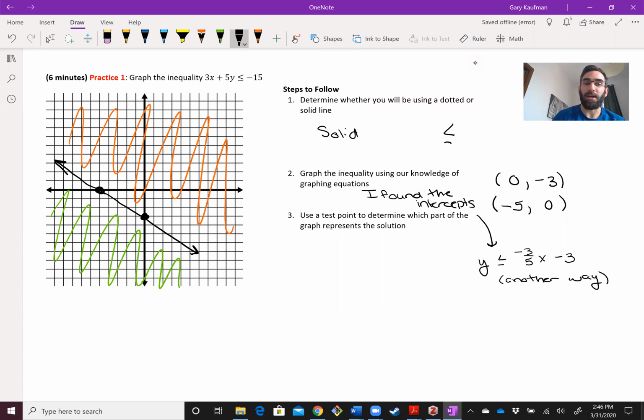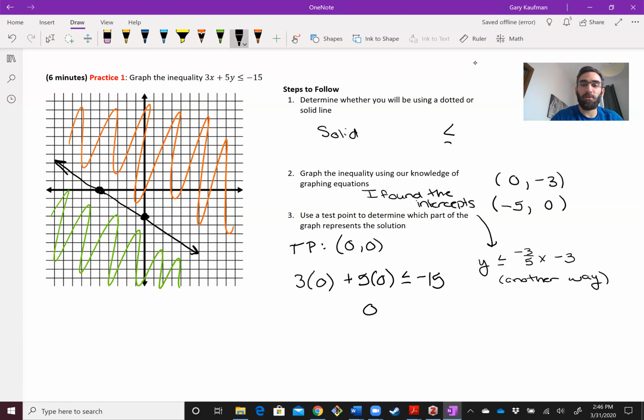All right, now, if possible, the easiest test point is 0, 0. Now, if you do go into slope-intercept form, this is why I wanted to walk you through it. My suggestion, always go back to the original inequality. So 3 times 0 plus 5 times 0 less than or equal to negative 15.